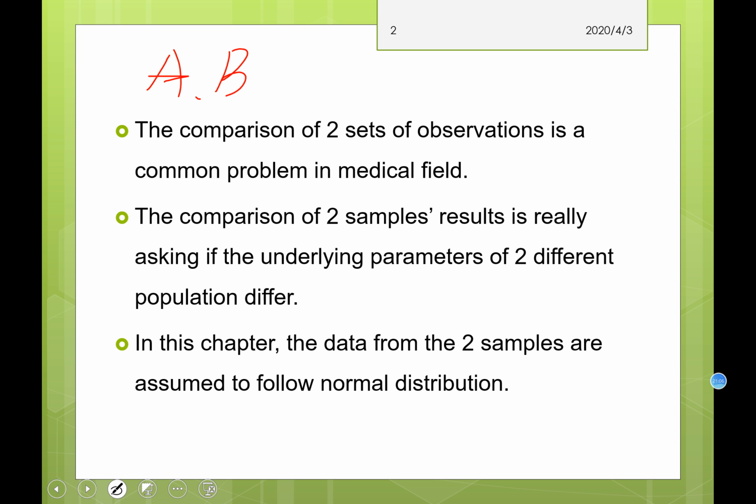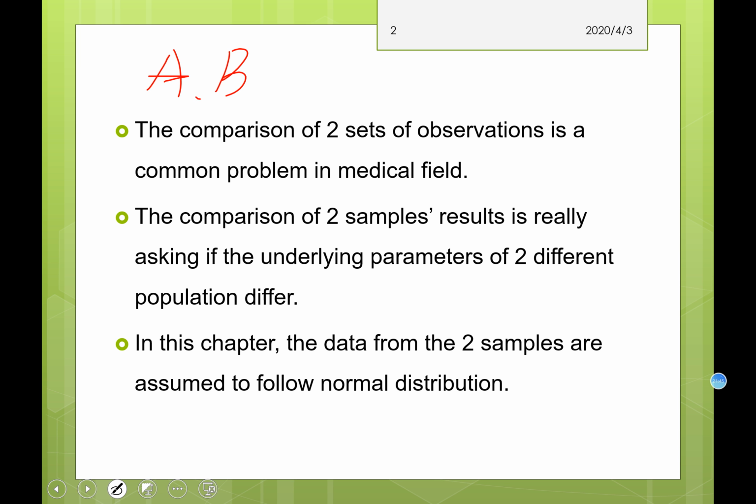So here we can draw two samples from the two populations, that is population A and population B. We can draw a random sample from either population, and then we can compare these two samples and infer their underlying populations. That's what we need to do in chapter 6.